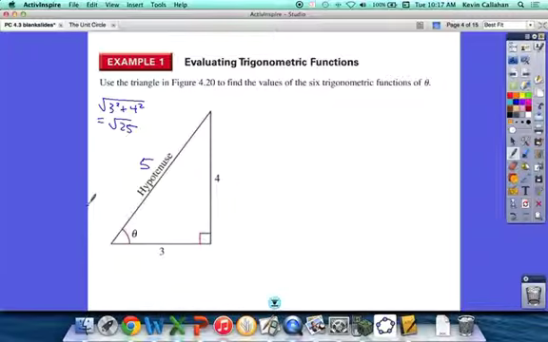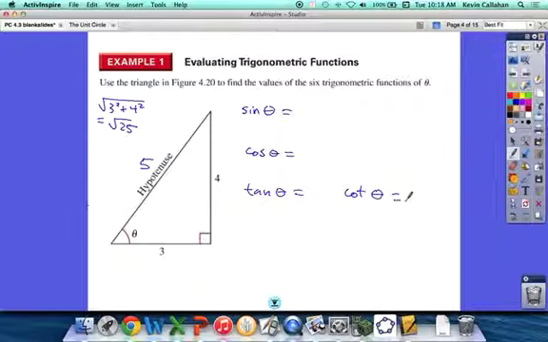Okay. Once you've filled in that missing side, now you can find the 6 trig functions. Right? So sine, cosine, tangent, and I'm going to fill in that the cotangent is across from the tangent, but which one is across from the sine?